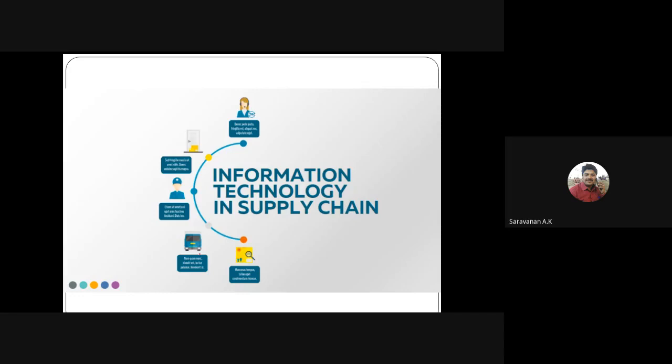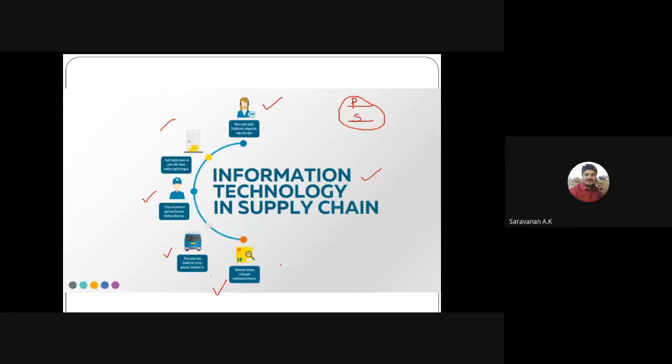We have the transportation system, the inventory system, the facility system, then the indoor delivery system, then the service oriented system, right? If you are selling a product, it's not only goods, it's also a service, right? Both are incorporated in the supply chain network, product and service. So the information technology will incorporate all the supply chain management functions.